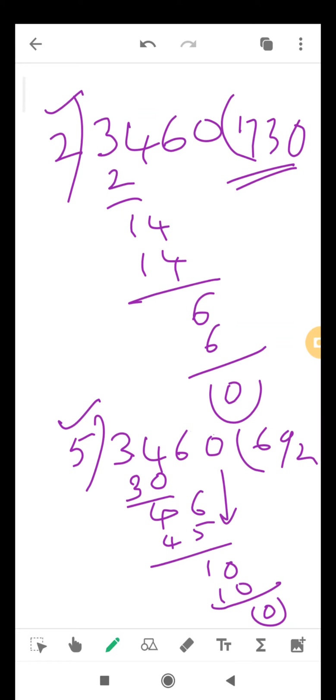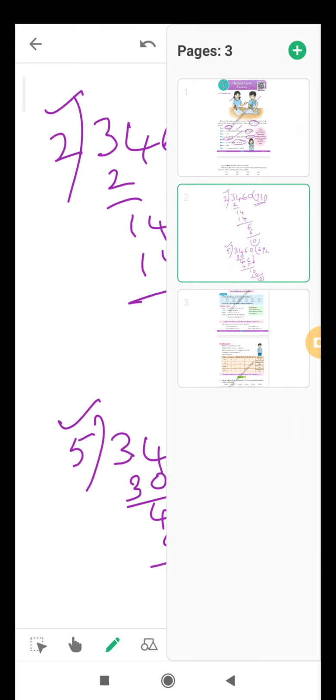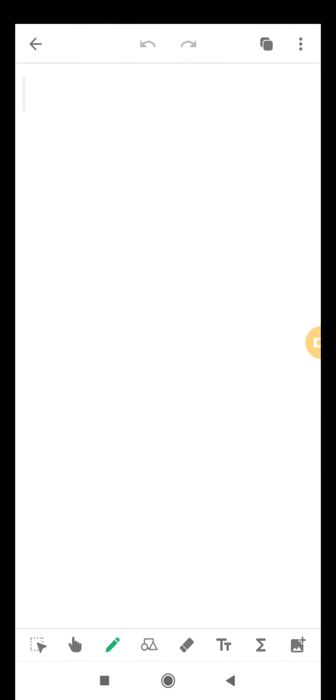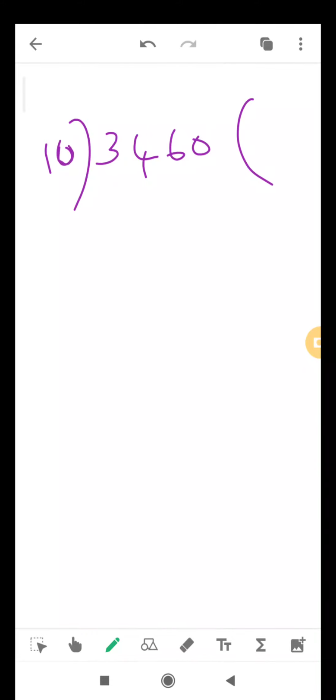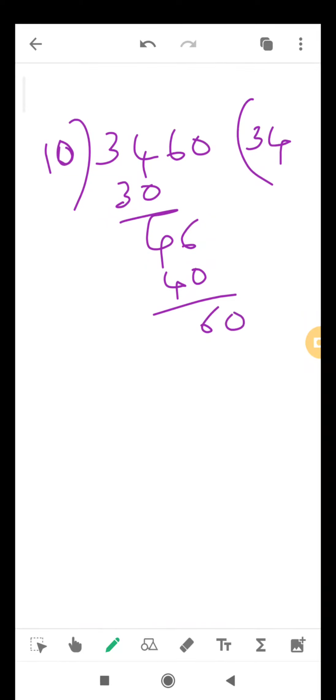And here also, now 3460 divisible by 10. Let us check. 10 3s are 30, 34. 6 down. So 10 4s are 40. How much? 60. 10 6s are 60. Right?